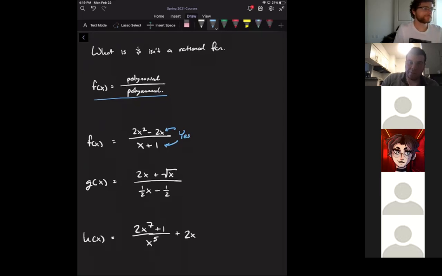All right, so what about this, the g of x, this 2x plus the square root of x divided by 1/2 x minus 1/2. Let's again do the thumbs up if you think it is a rational function and the clapping if you think it is not.